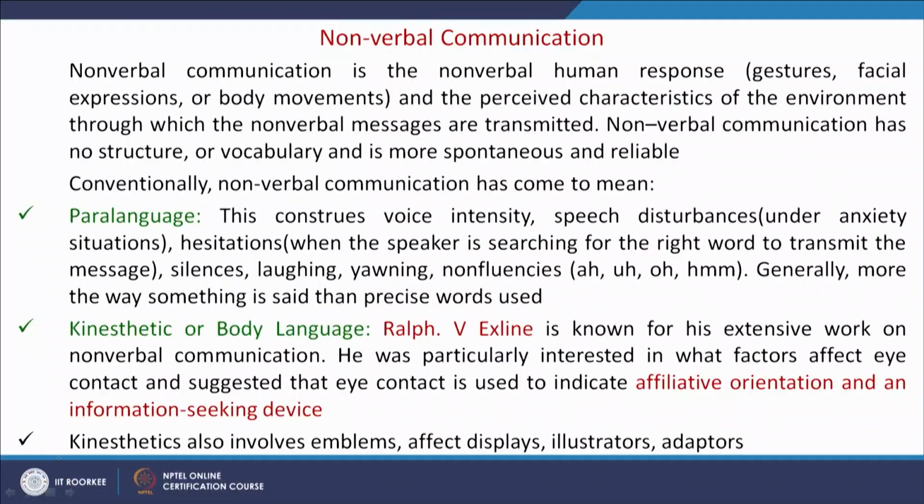So, when we are talking about body language or kinesthetics, then Ralph V. Exline is known to have done extensive work on nonverbal communication. Particularly, he was interested in eye contact and how eye contact, based on facial muscles and eye contractions, tries to convey messages in different forms.